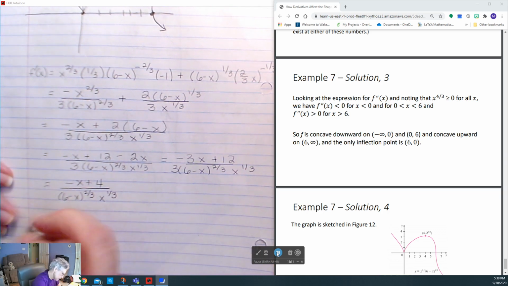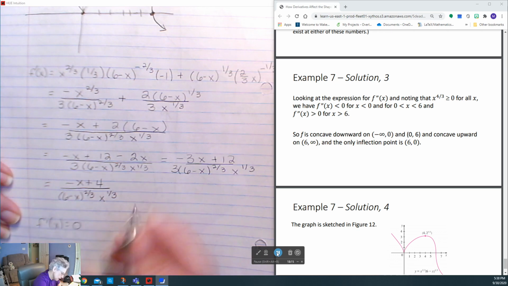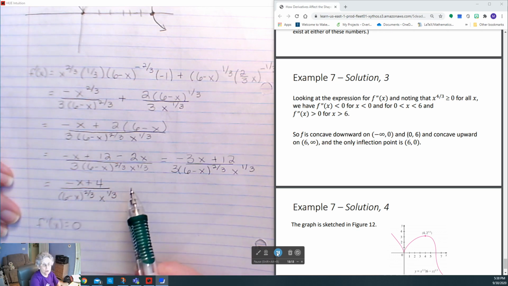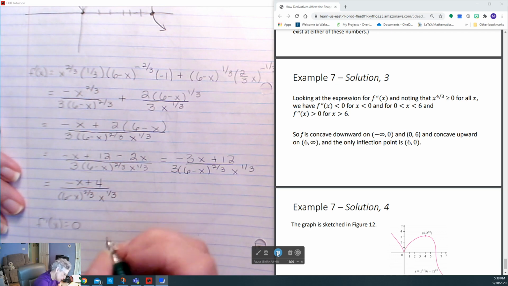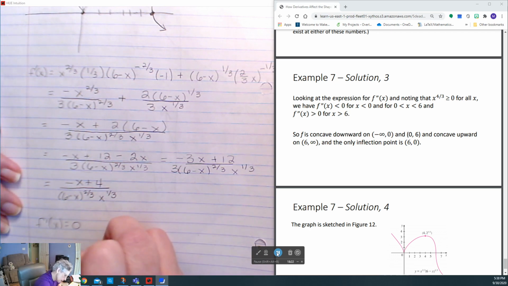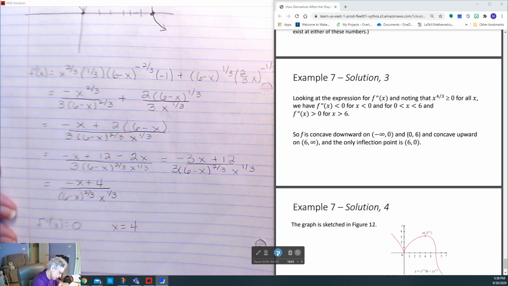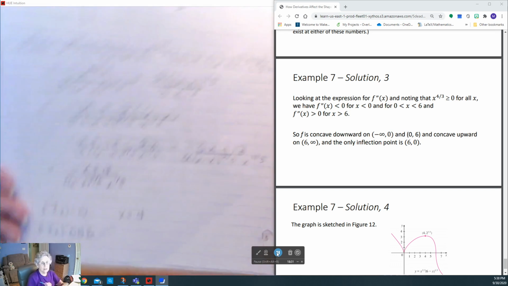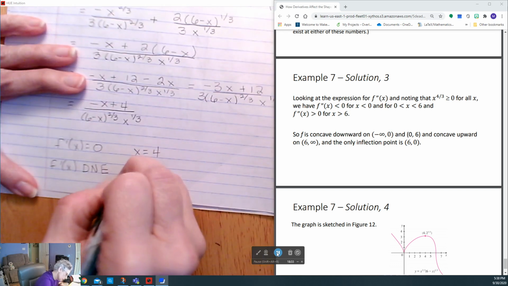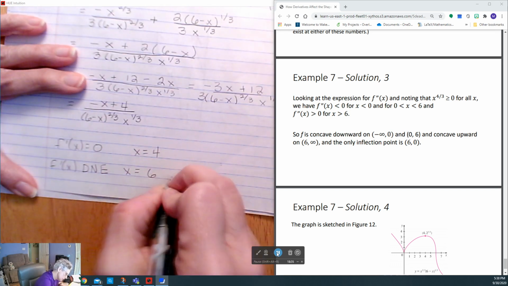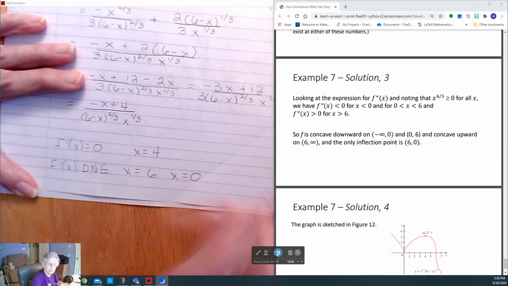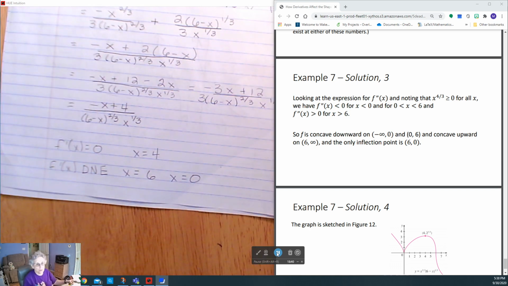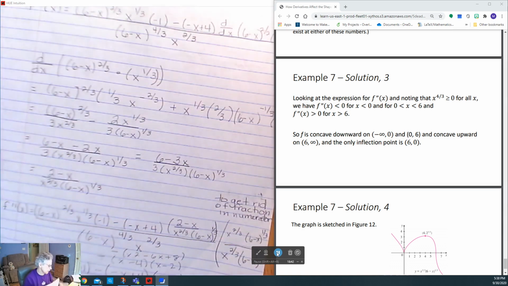Set this thing equal to 0. It's going to be equal to 0 only when the numerator is equal to 0. So when x is equal to 4. And f prime does not exist when x is equal to 6 and when x is equal to 0, because that puts zeros in the denominator.